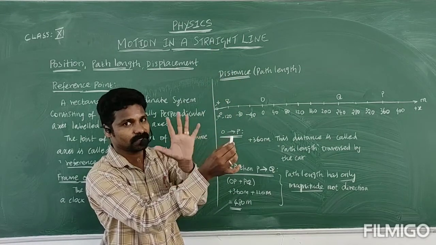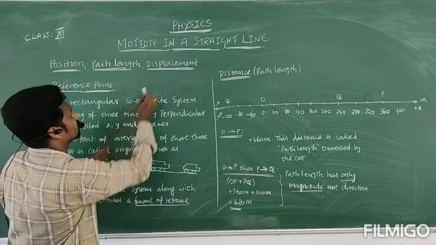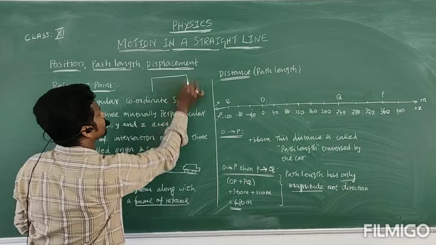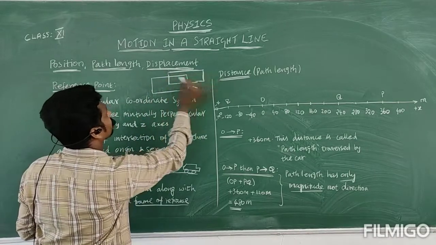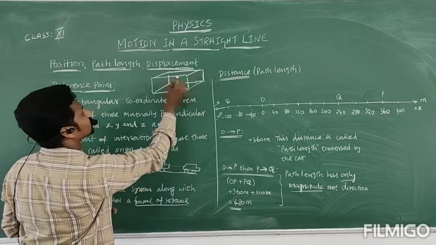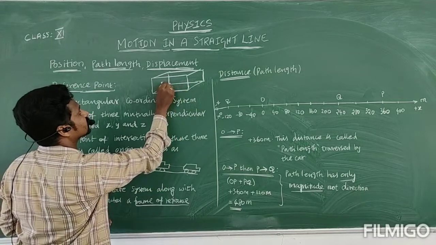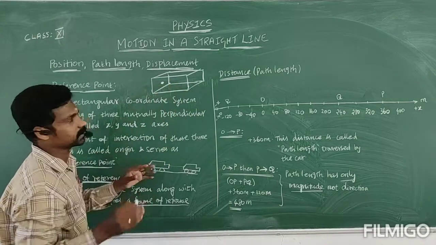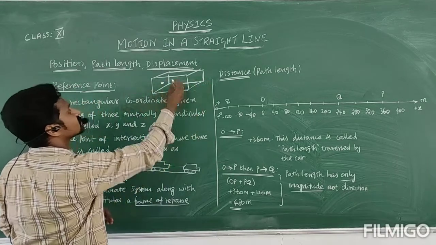Now from this idea, I am going to explain. Let us take the same thing, like a drone. Now I consider this chalk is here, inside the hall. So from the x-axis, what distance?